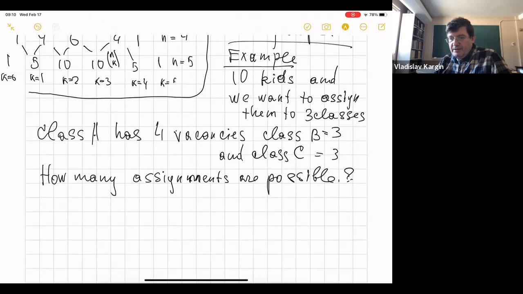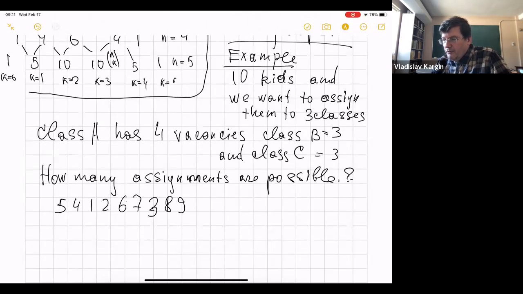So this line consists of kid number 5, kid number 3, 1, 2, 4, 6, 7, 8, 9, and 10, and we'll just look: class A has 4 vacancies, so let's take these 4 kids there.